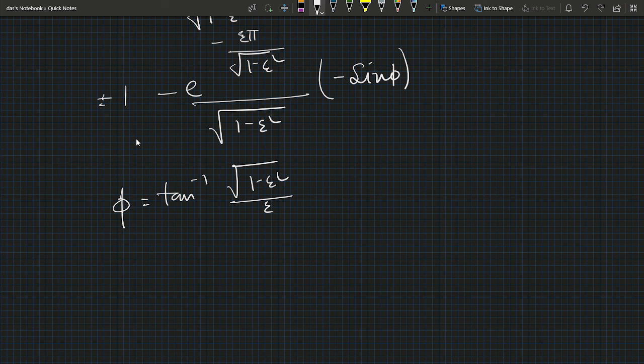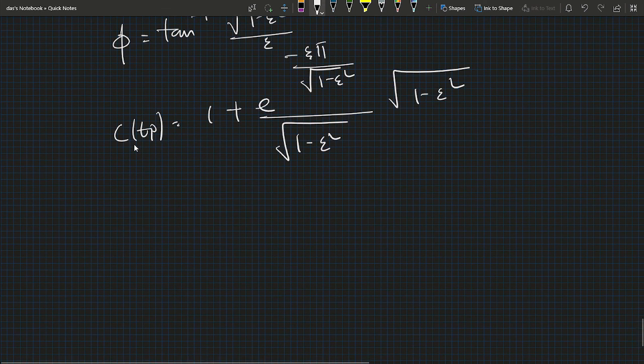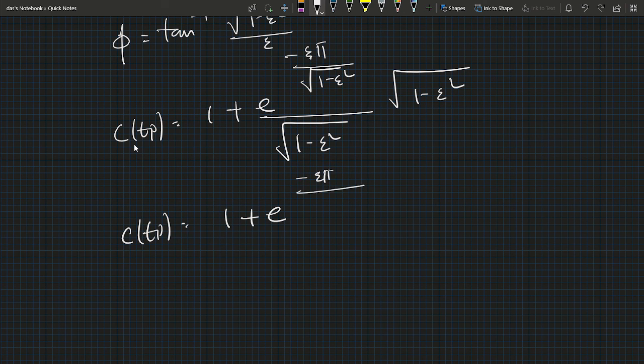So now C max, C(Tp), is basically 1 plus e to the power minus zeta pi by root 1 minus zeta square, and this value is equal to root 1 minus zeta square, so this part is cancelled out. So C(Tp) is basically 1 plus e to the power minus zeta pi divided by root 1 minus zeta square.